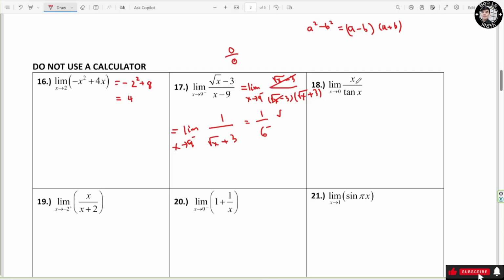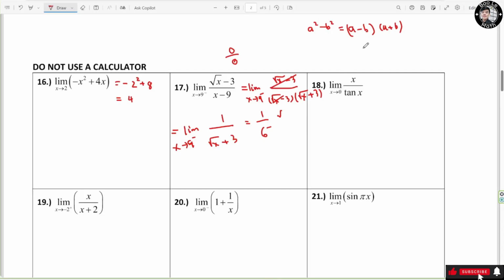Limit of the function s over tangent s when s approaches 0. We're going to substitute 0 for s. We have 0 over 0. So this one is the indeterminate form, right? So we need to manipulate this one a little bit. So it's going to be limit when s approaches 0, right? Of s over tangent s, which is going to be s over sine s over cosine s, right?